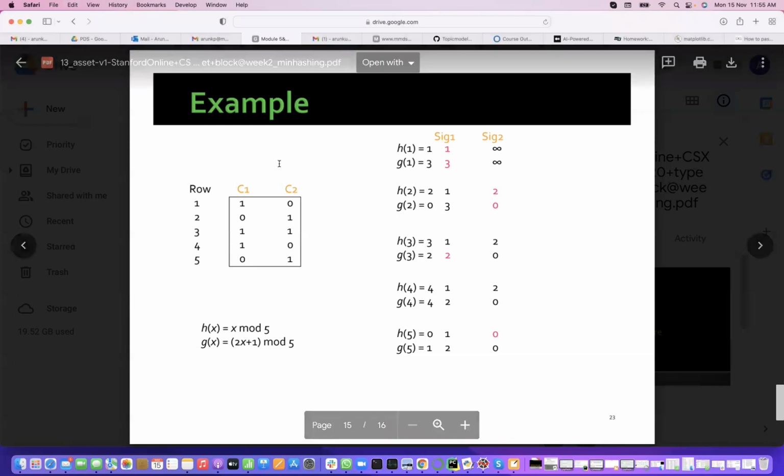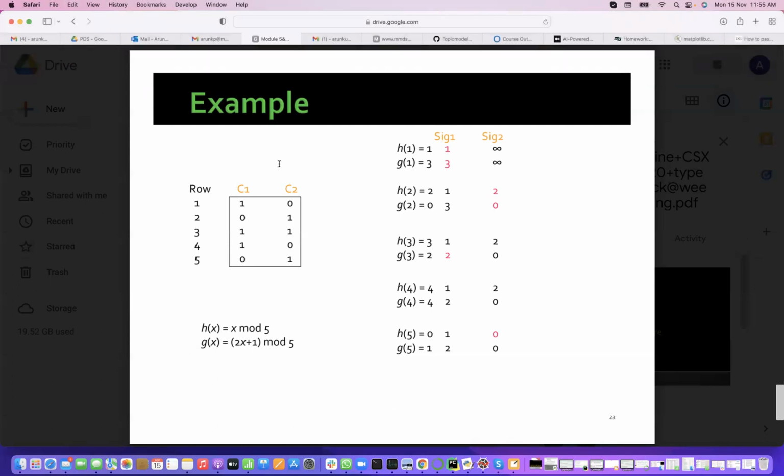So are we moving to row number 3? We are not moving to row number 3, but whatever row we are considering, we are considering the first row itself. But after permutation, what is the row number of that? 3.